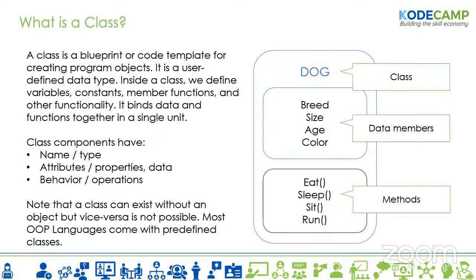So when we are talking about a class, we are looking at things that are common to all the subsets. So eat, sleep, sit, and run. And then you would have things that you can relate in terms of property or attributes or adjectives used in describing. So that's what makes up a class: the name, the attributes, and the behavior.